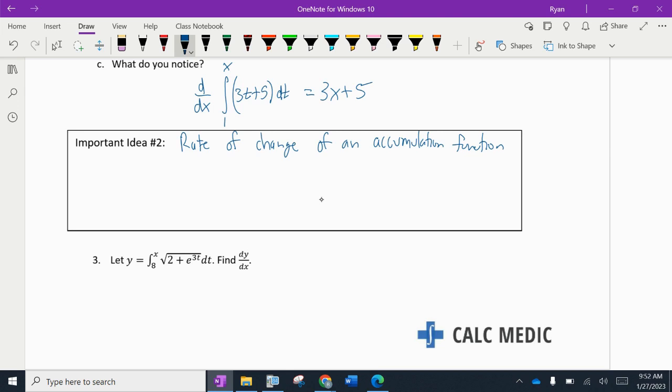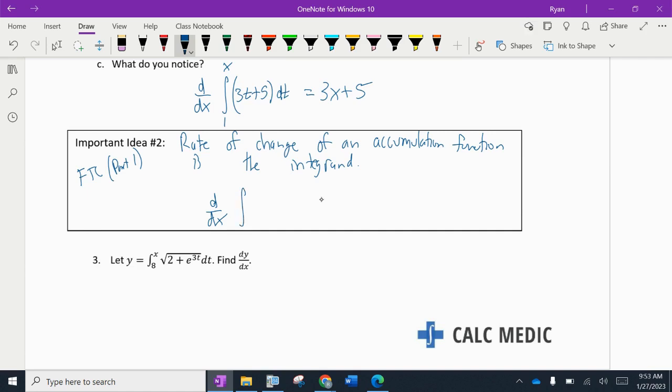So the rate of change of an accumulation function is another way of saying the derivative of an integral is the integrand. Integrand is the function inside the integral.